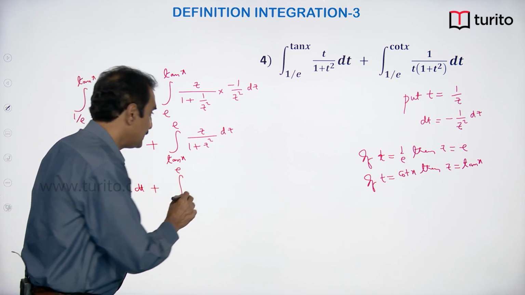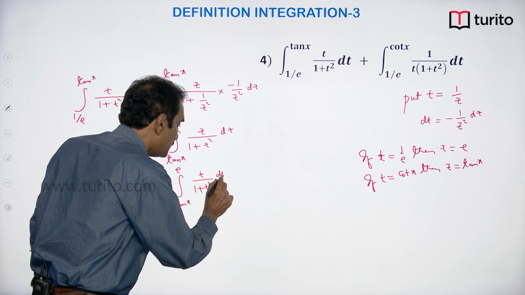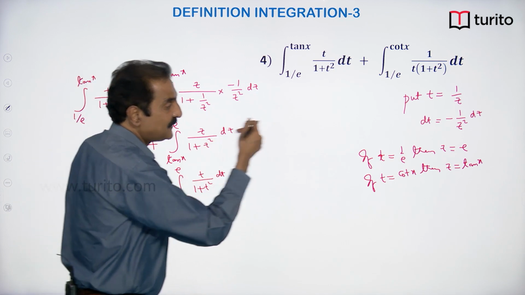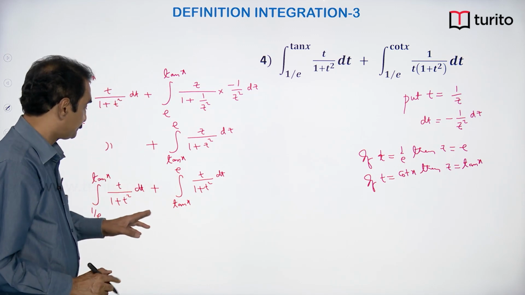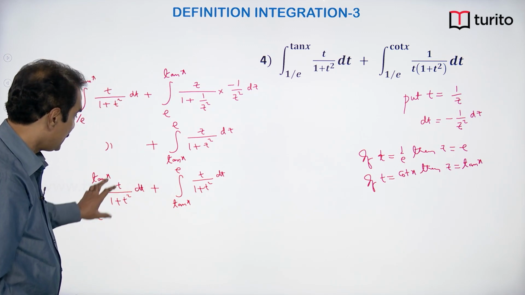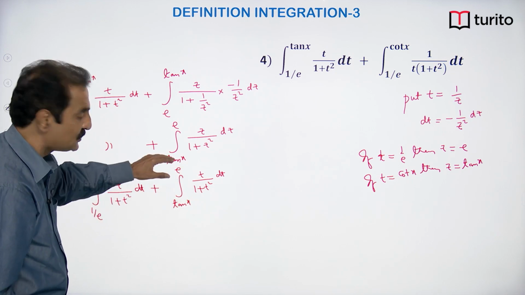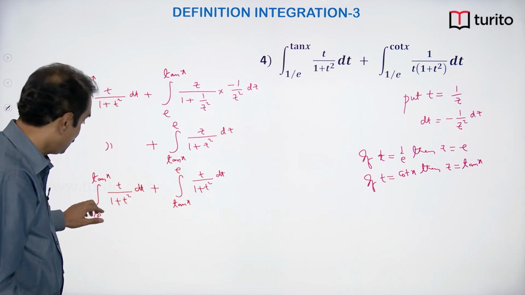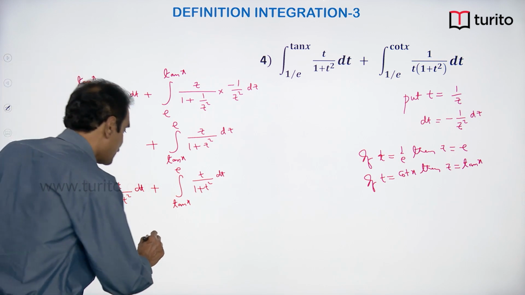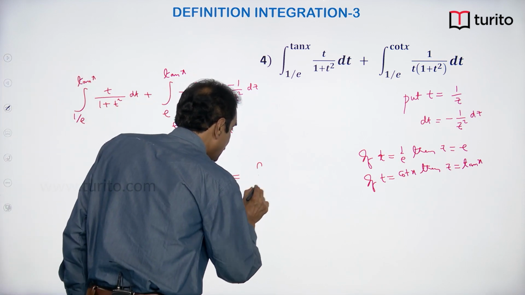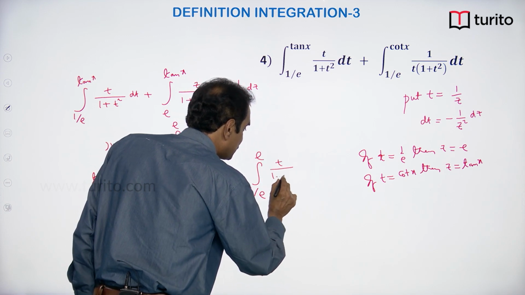Integral tan x to e of t by 1 plus t square dt. That means this t is different and that t is different. Okay. Now, you see the function is same. Here we are integrating 1 by e to tan x, then tan x to e means its sum is 1 by e to e of t by 1 plus t square. Okay. So, this is equal to integral 1 by e to e of t by 1 plus t square.